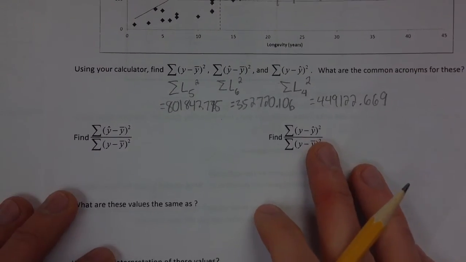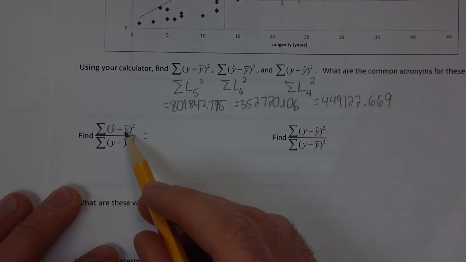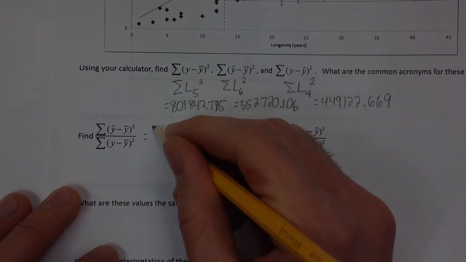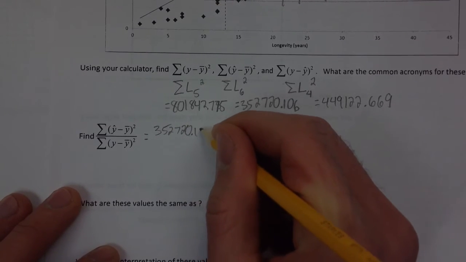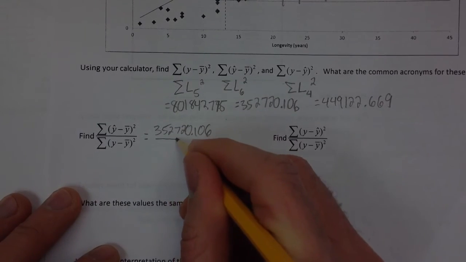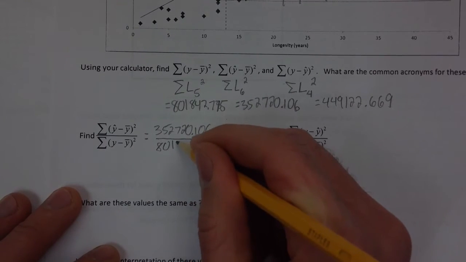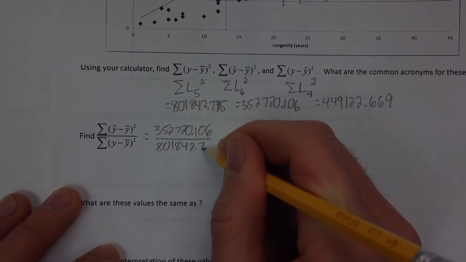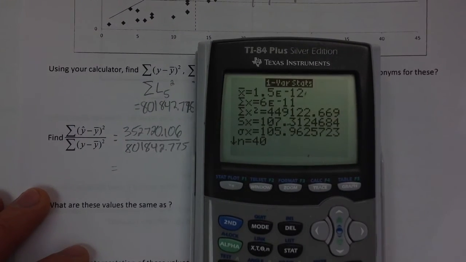Now let's find these ratios. Y hat minus y bar, that's 352,720.106. Y minus y bar, that's 801,842.775. Let's do that calculation.